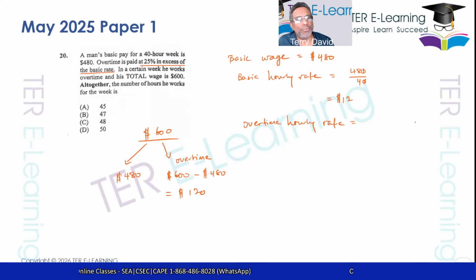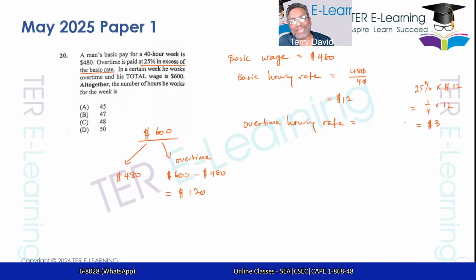So what we're going to do, we're going to find 25%, right? Multiply by your $12, right? Now that's the same as saying a quarter multiplied by 12. So that's going to give you $3, right? So this is the 25% they're talking about here. So it's 25% in excess. So this is going to be a total of 12 plus 3.